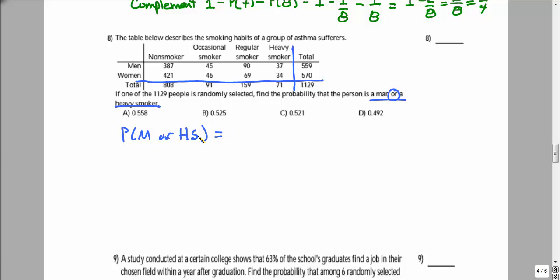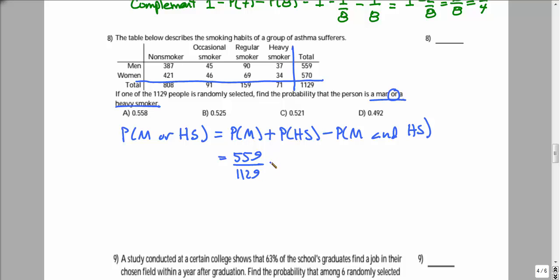Well, our formula for A or B is going to be the probability of man plus the probability of heavy smoker minus the probability of both a man and a heavy smoker. So this is our quick little addition rule for probability. So looking on our table, the probability of being a male would be, this row would be 559 out of the 1129.